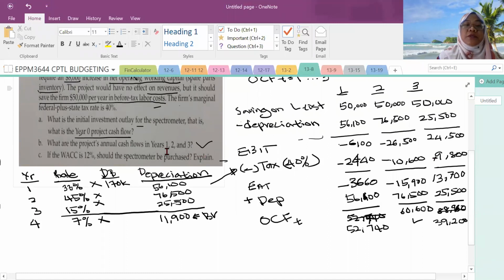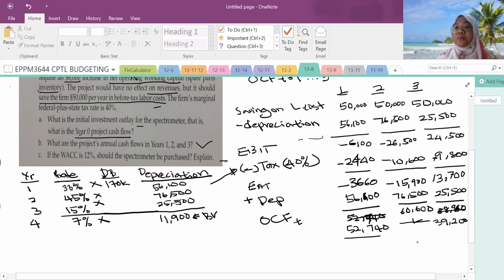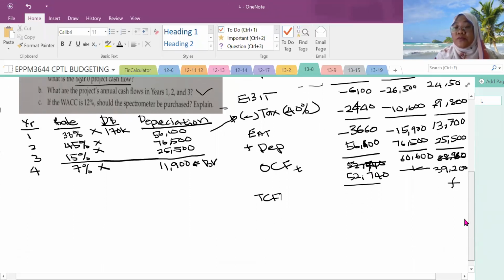Okay, now, the annual cash flow. By the way, for operating cash flow, for year 1 and year 2, we complete our calculation. But for year 3, you have to include this with another item, which is the terminal cash flow, right? What are the items in terminal cash flow?